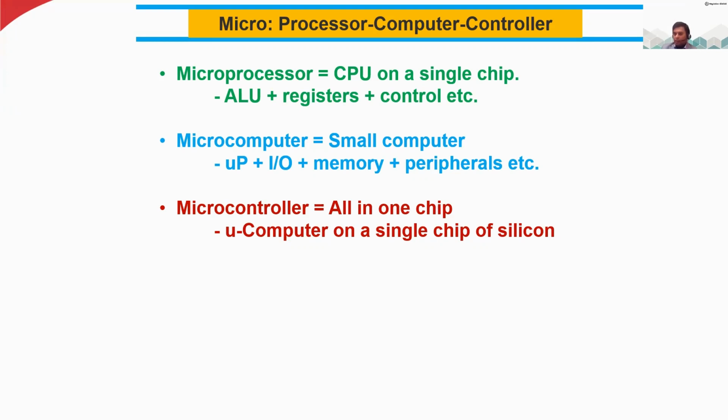Maybe in your digital electronics course, you have studied digital elements, particularly gates: AND gate, OR gate, NOT gate, NAND gate, NOR gate, XOR, XNOR. These are the basic digital elements we are using inside this microprocessor.